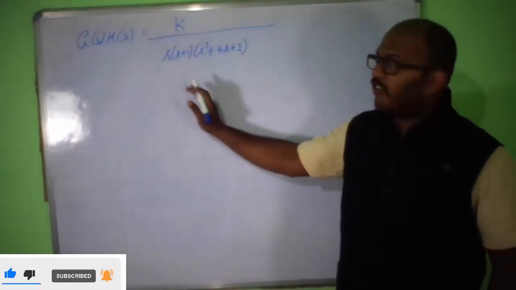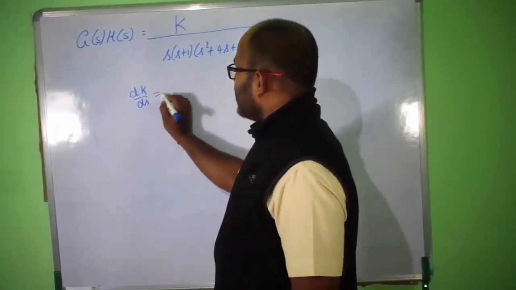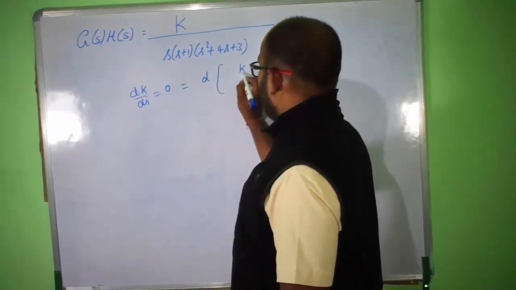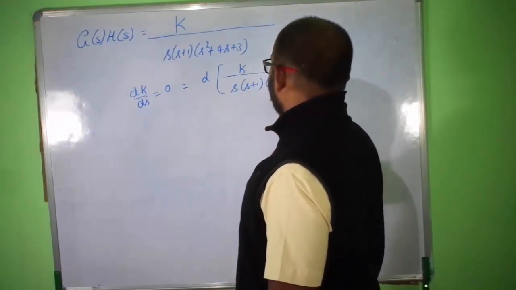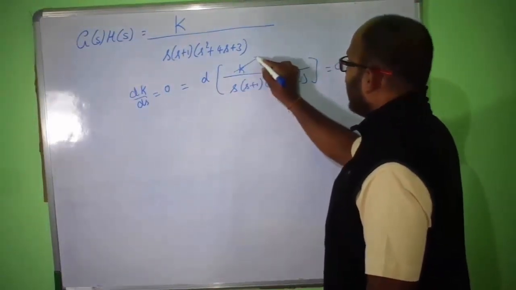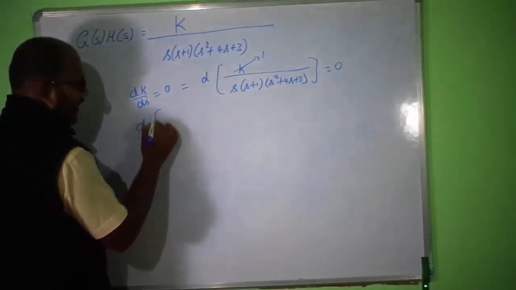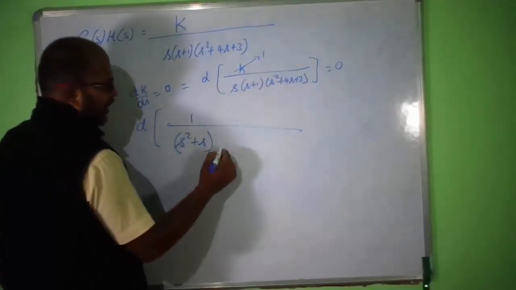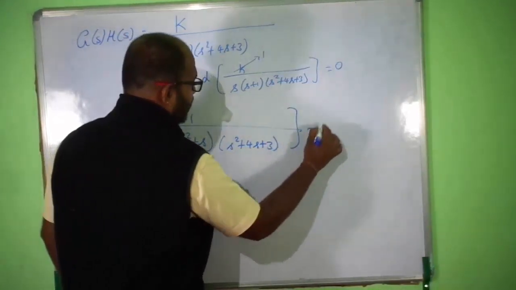How are we going to calculate the breakaway point, friends? Let me take dK by ds equals 0, nothing but d by ds of K, where K is the whole divided by s into s plus 1 into s square plus 4s plus 3, equals 0. K you are going to take as 1. Now that is d of 1 divided by s square plus s into s square plus 4s plus 3, equals 0.